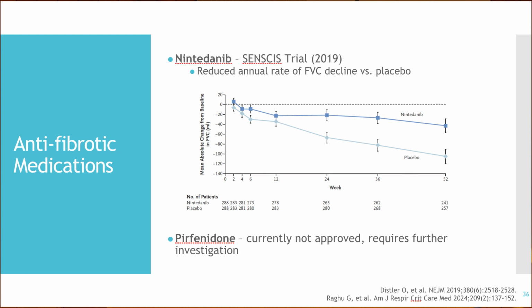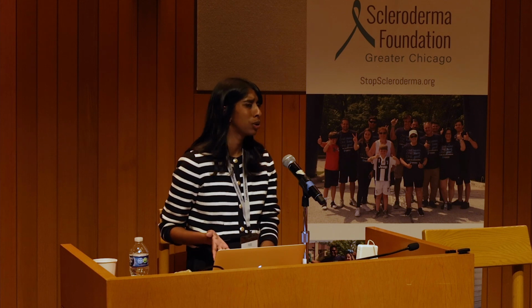It's currently not approved for patients in scleroderma, and it requires further investigation. So this is something you might hear about in clinical trials, but not something that is currently being offered to patients with scleroderma. And the mechanism of action for this drug, we really don't understand how it works. It seems to have something to do with reducing mediators of fibrosis, but we really don't have a complete understanding of how that medication works.